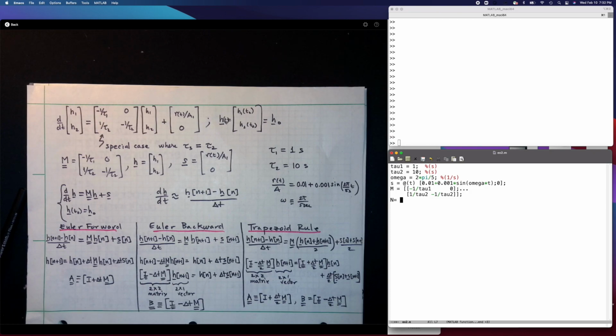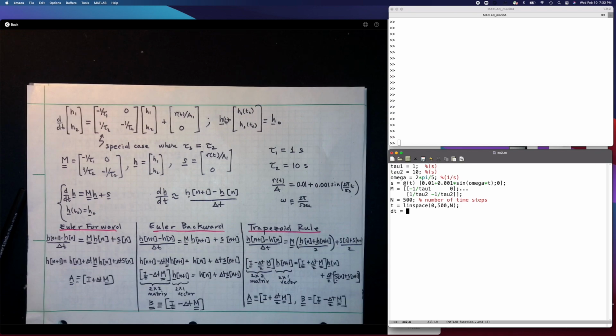Suppose I'm going to run this for n equal to 500 time steps, the number of time steps. And then the time I'm going to run will be linspace between t naught, which I'm going to pick to be 0, to the end of this run. I need to decide how long I want to run it. Let's run it for 500 seconds, divided by n.